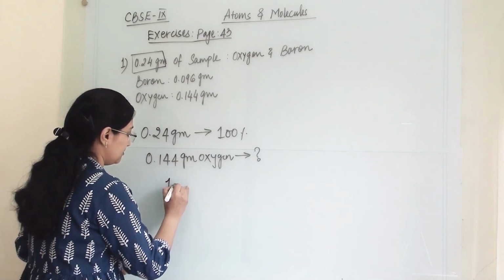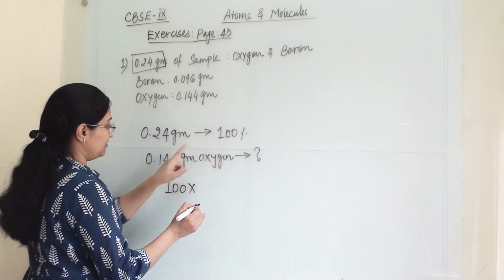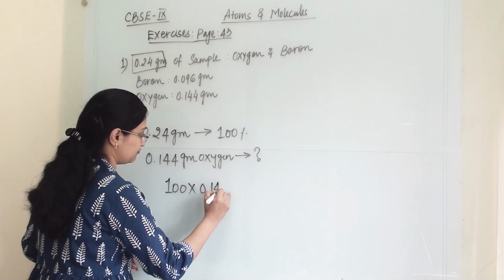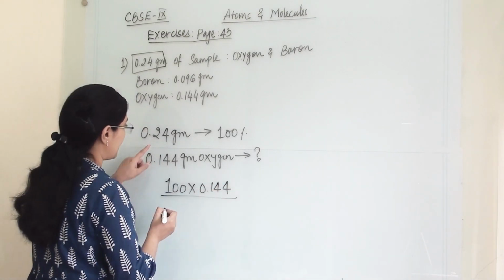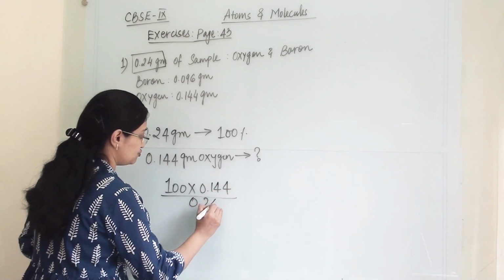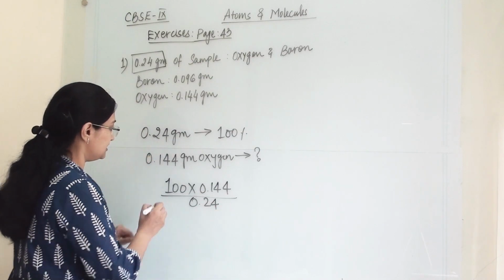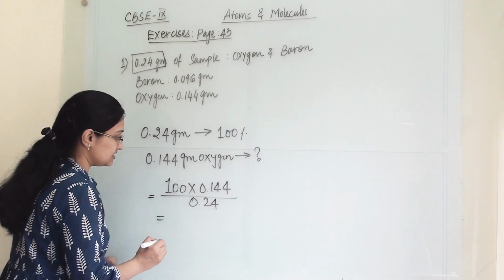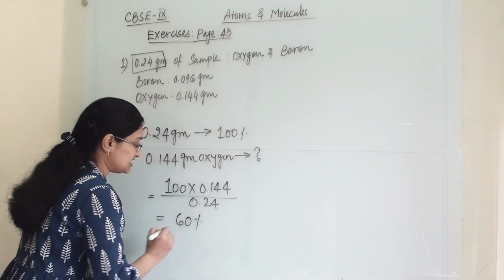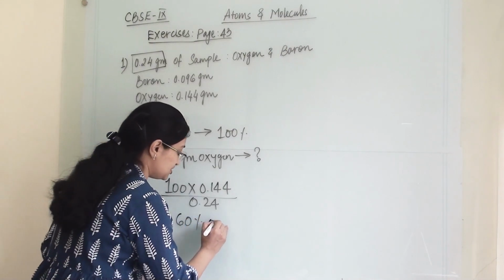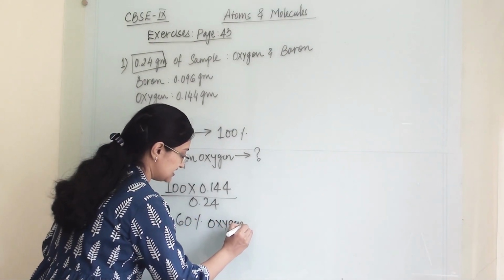Then by unitary method, 100 into 0.144 divided by 0.24. This is our total sample. So the answer is 60. So 60% of oxygen is present in this sample.